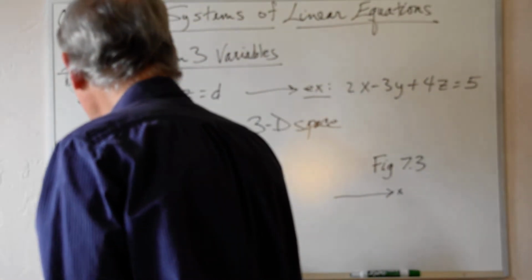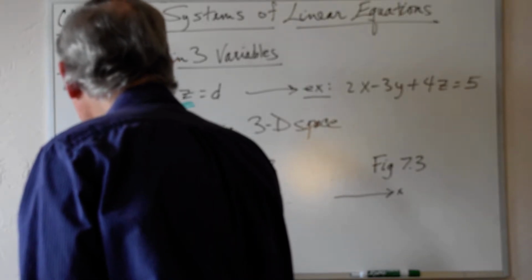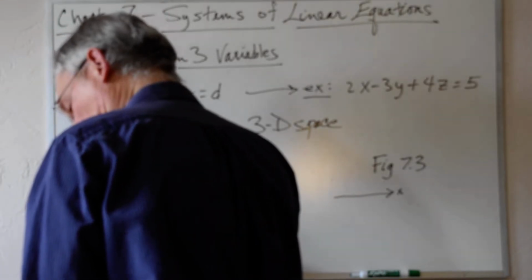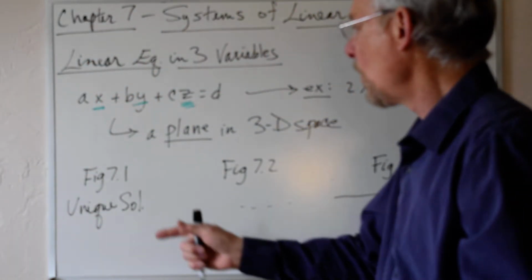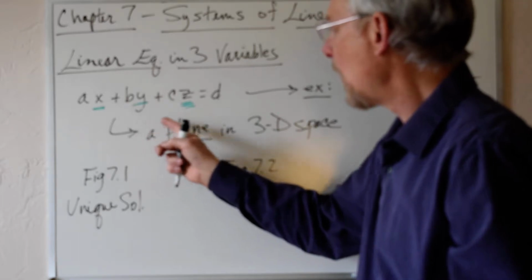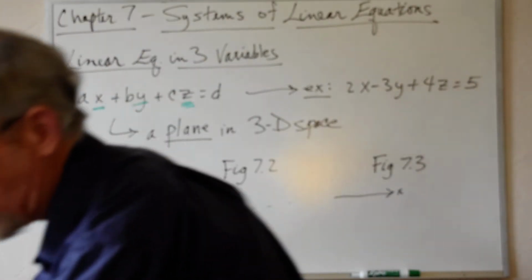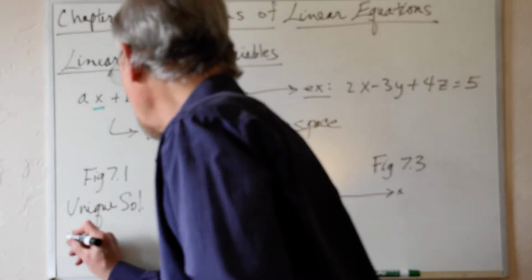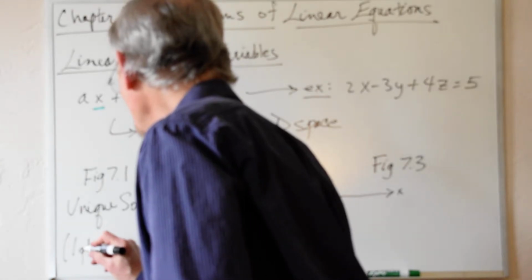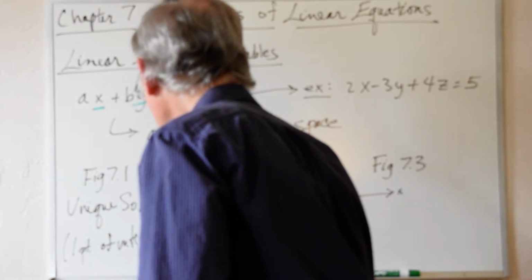So in this case, algebraically, we are going to have a unique solution. We're going to get one value for x, one value for y, one value for z that solves all 3 equations. And we see that we have one point of intersection.